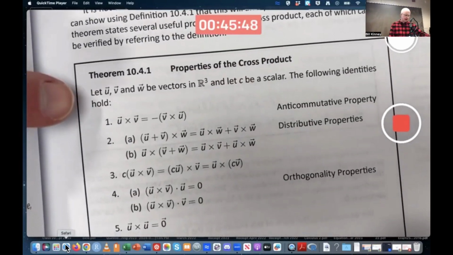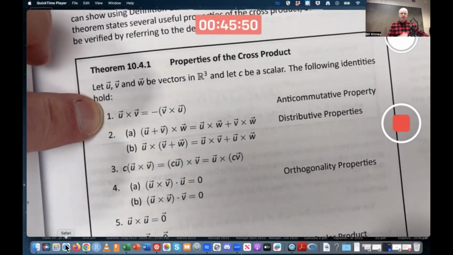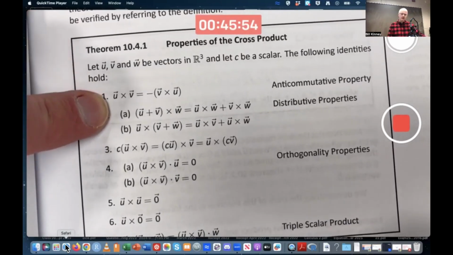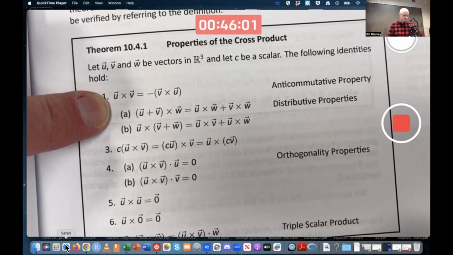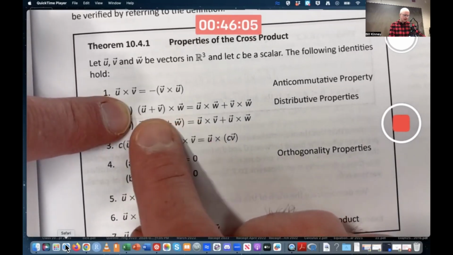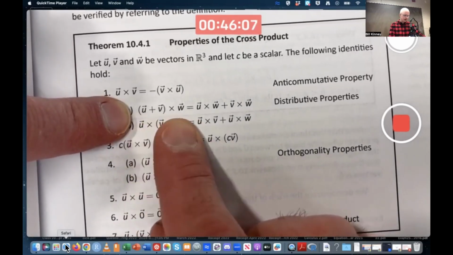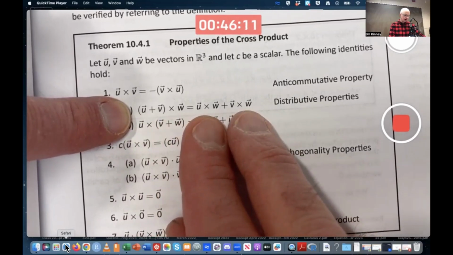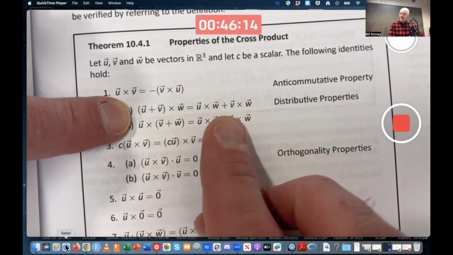Here are the algebraic properties. Already mentioned the anti-commutative property there. These two are distributive properties. Cross product distributes over vector addition in either order. U plus v, in parentheses, cross w, meaning add u and v first before you cross with w, can be found by taking the individual cross products and then adding those vectors.